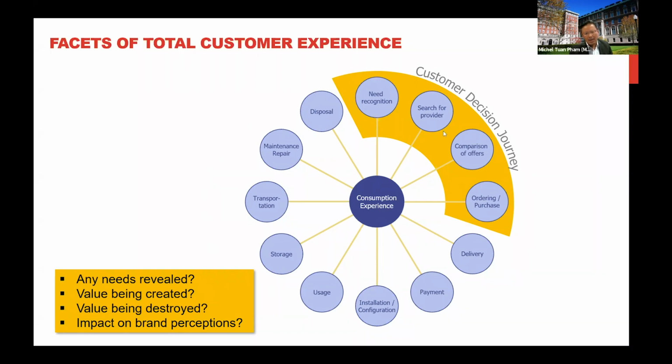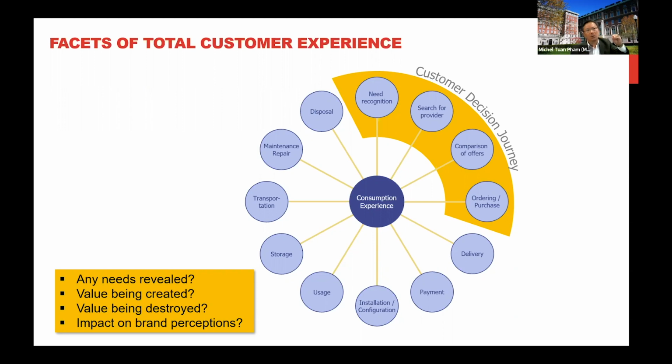And the key thing to recognize is once you understand that there's a lot of different elements of the customer experience, there'll be at each of these stages several things that you can monitor. First of all, you need to monitor whether there's value being created at a given stage. For example, when Amazon gave you an opportunity to store the different places where you can ship, they have created value at the stage of ordering for you.